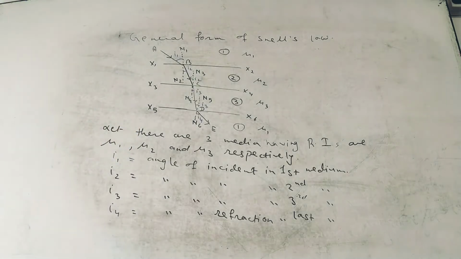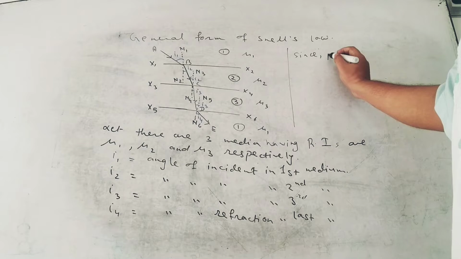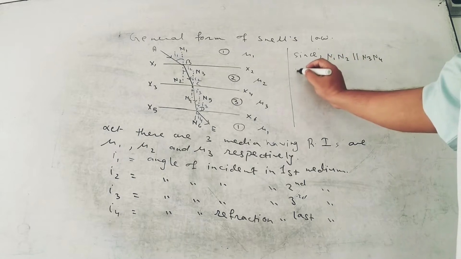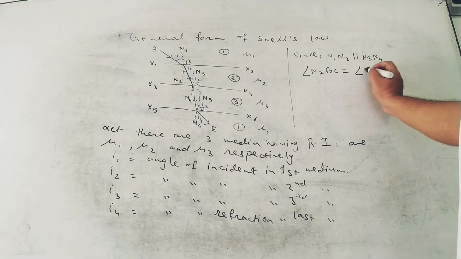Since N1N2 is parallel to N3N4, that's why angle N2BC is equal to angle BCN3.